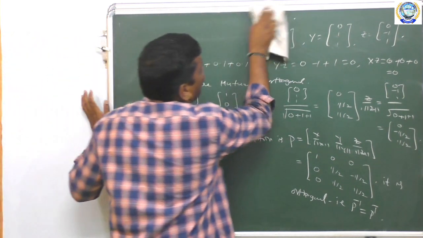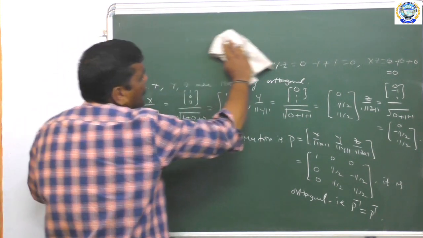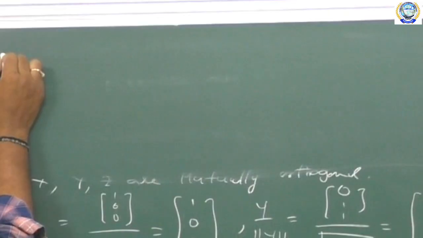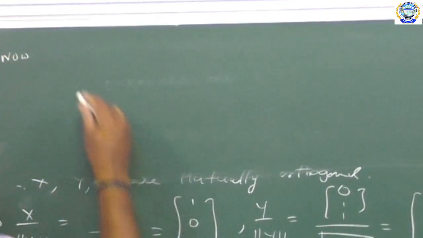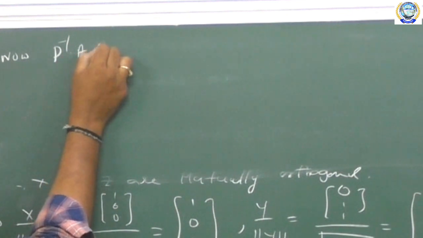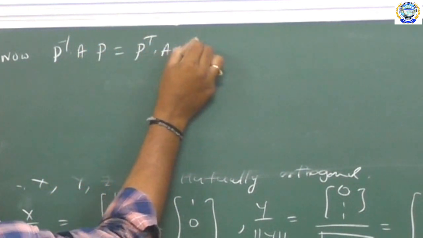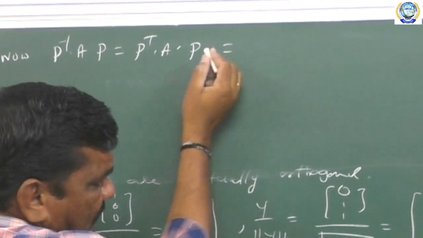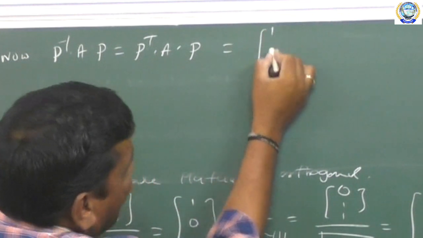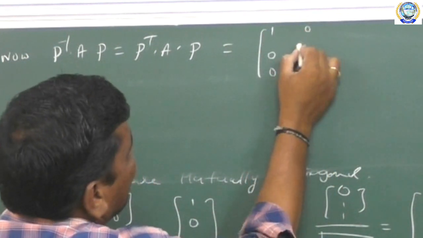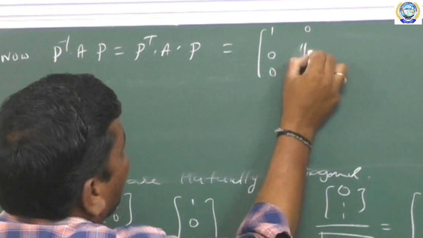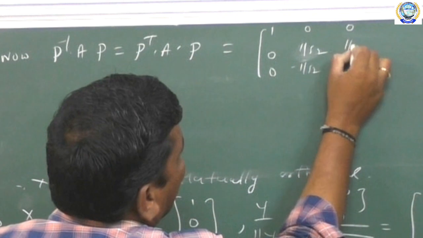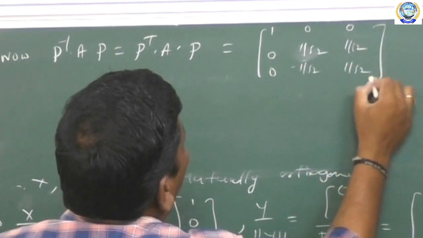Now, we verify that P transpose AP is D. To verify that P transpose AP, P inverse AP, that is P transpose AP, this is equal to D. P transpose is 1 0 0, 0 1 by root 2 minus 1 by root 2, 0 1 by root 2 1 by root 2.